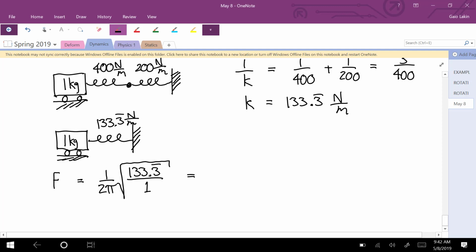And what does that come out to numerically? 18 point, really?